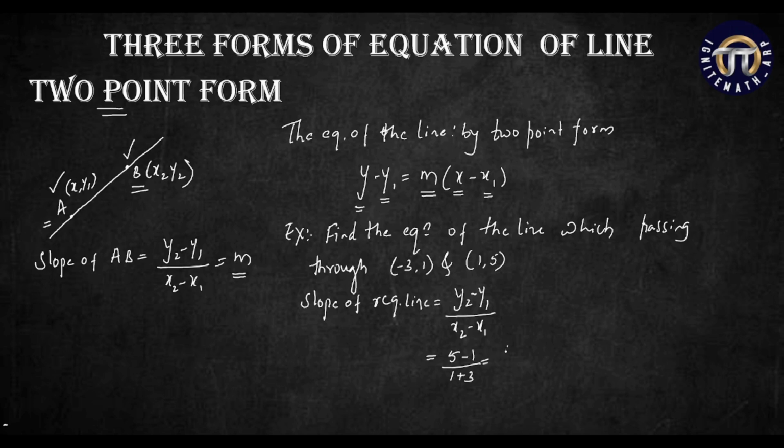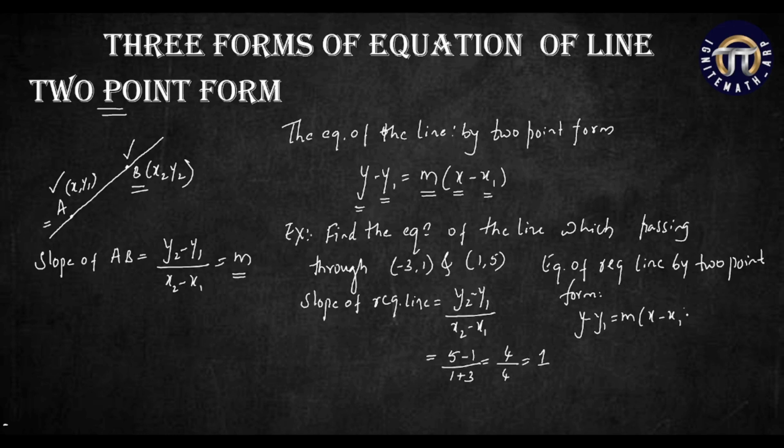So that is equal to 4 by 4 is equal to 1. So now the equation of the required line by 2-point form is given by y minus y1 is equal to m of x minus x1.